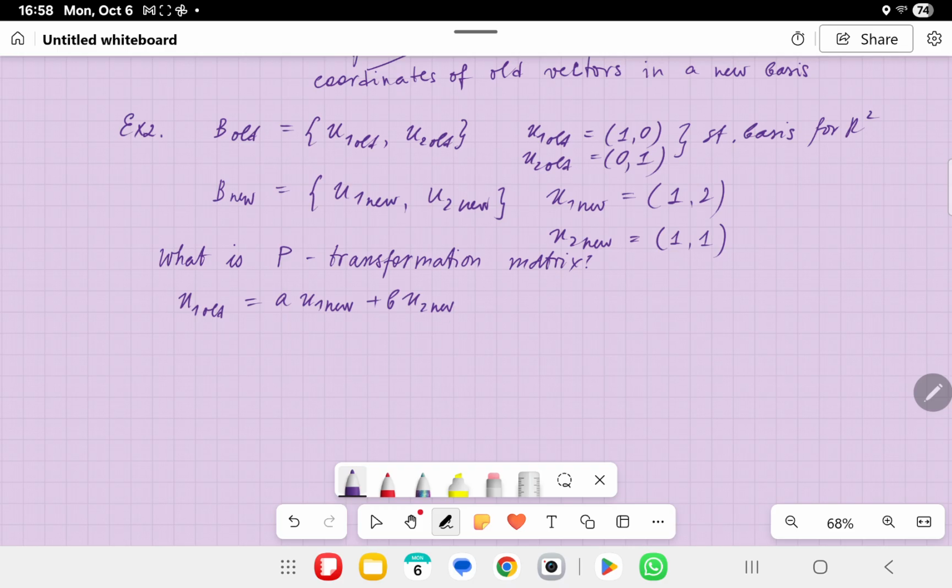What I'm going to do, guys, is literally solve this system. So my old one is (1, 0), A and B are unknown, and the new ones are (1, 2) and (1, 1).